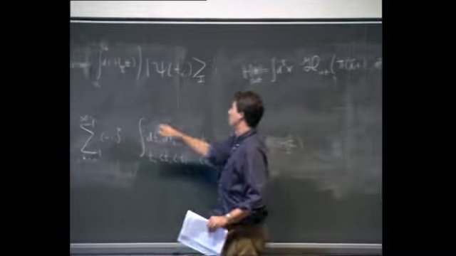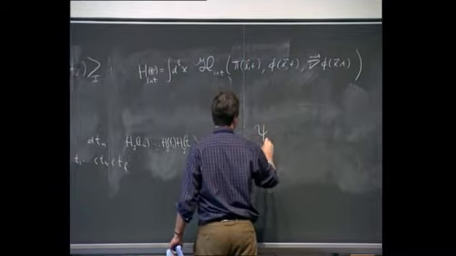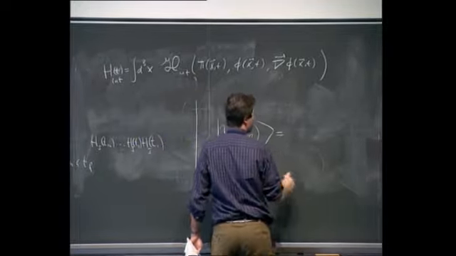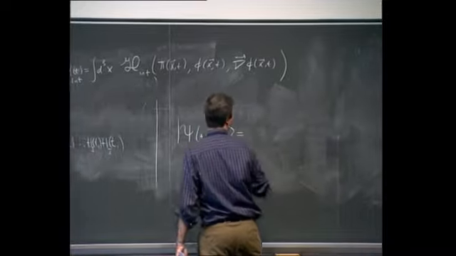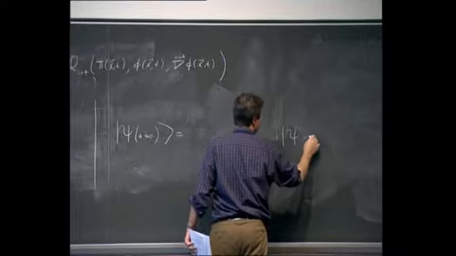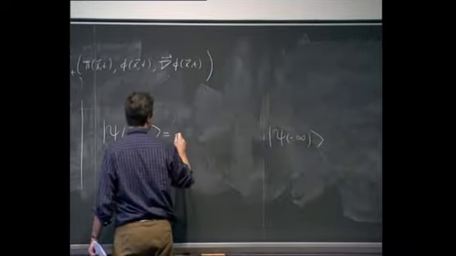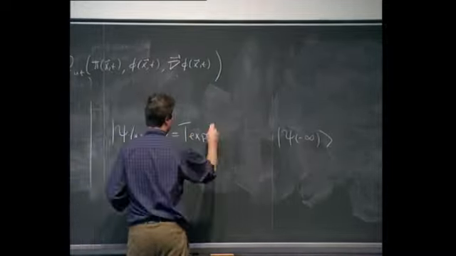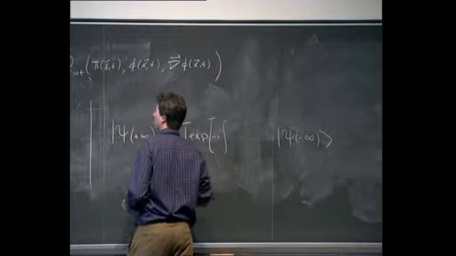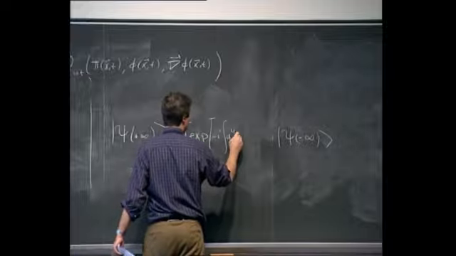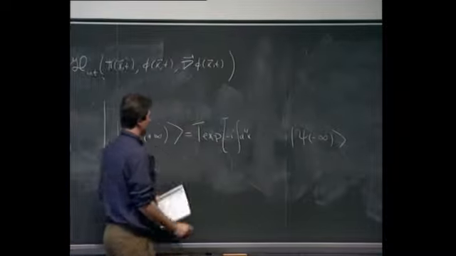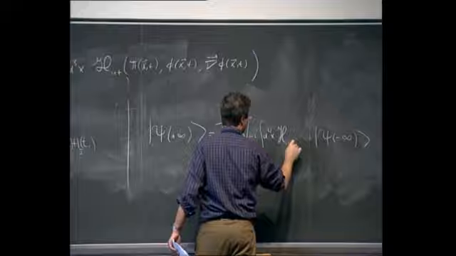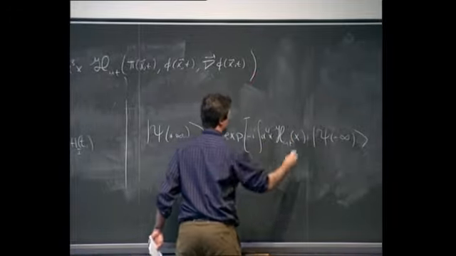So this equation here becomes the following equation: psi at plus infinity must be related to psi at minus infinity with an expression which is the time-ordered exponent of minus i, and then I have an integral over space and time, indicated with d4x, and then I have the interaction Hamiltonian density, evaluated also at a certain point in time and space.